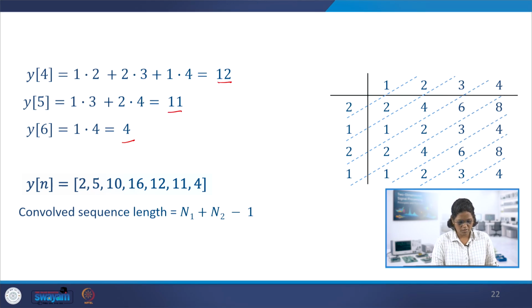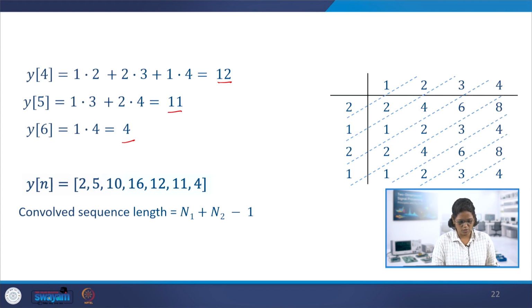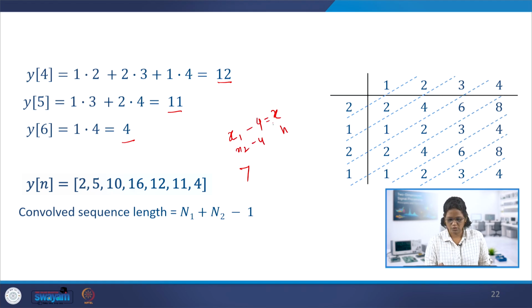So what is the response we get from here? That is y of n equal to 2, 5, 10, 16, 12, 11 and 4. How many samples did we get from here? That is 3 plus 3 plus 1, 7, whereas the original lengths of x and h were 4 and 4 samples.